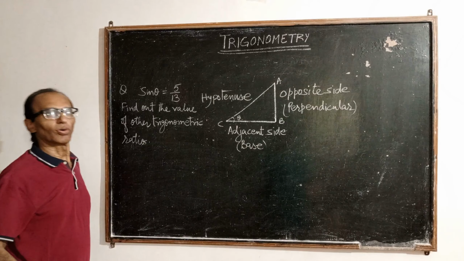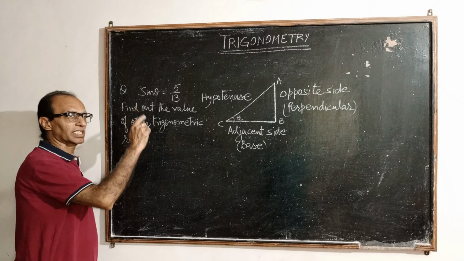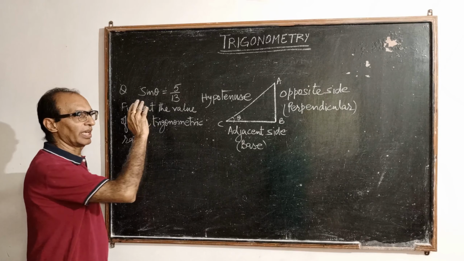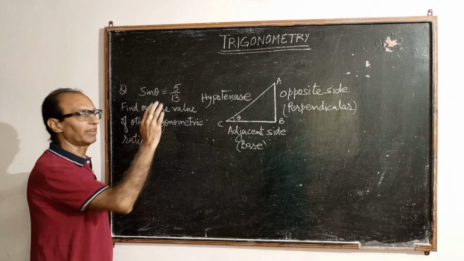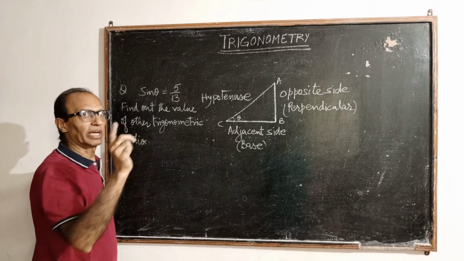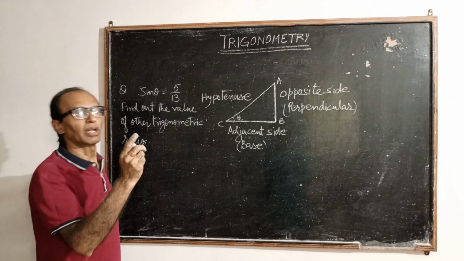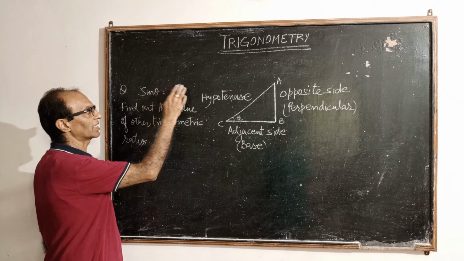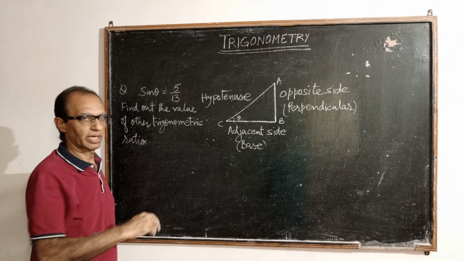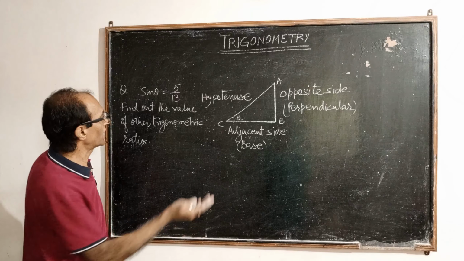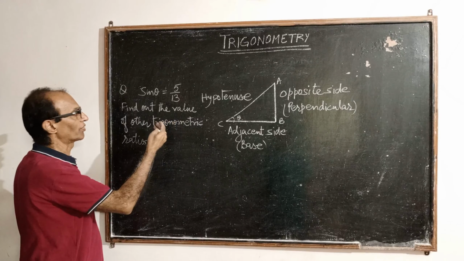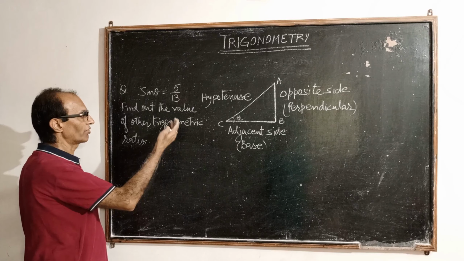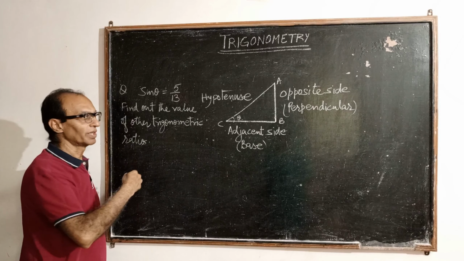Fine. Now, what does it mean? The value of sine theta is given as 5 upon 13. Mind you, theta is not given, but the whole trigonometric ratio for sine theta is given. And you are asked to find out the similar values of the other trigonometric ratios.